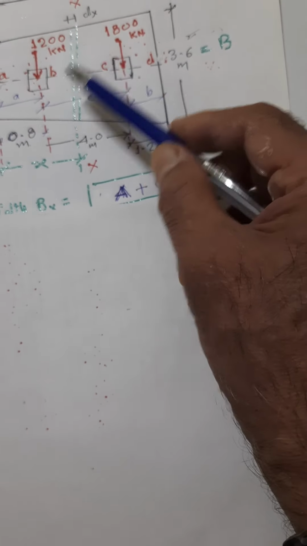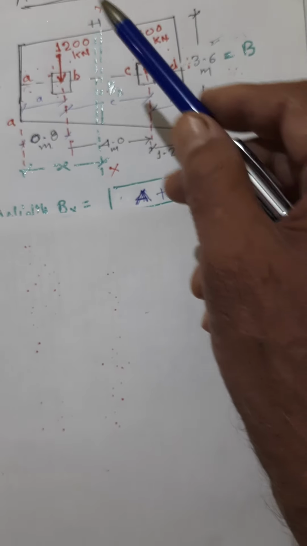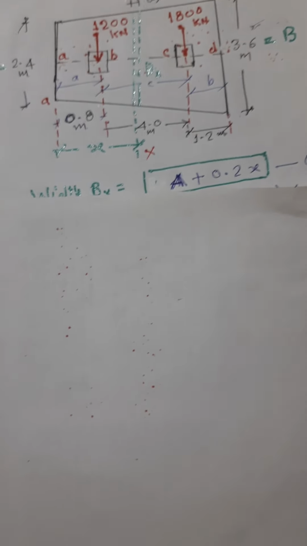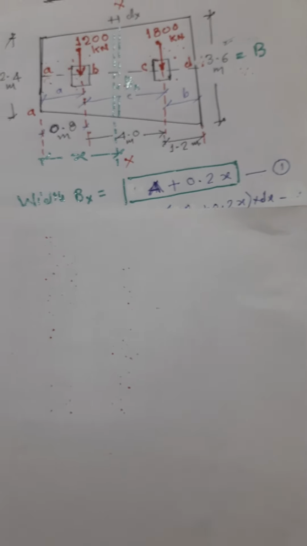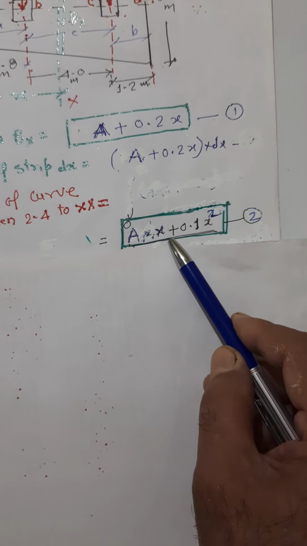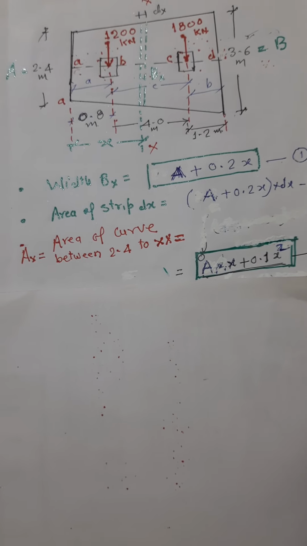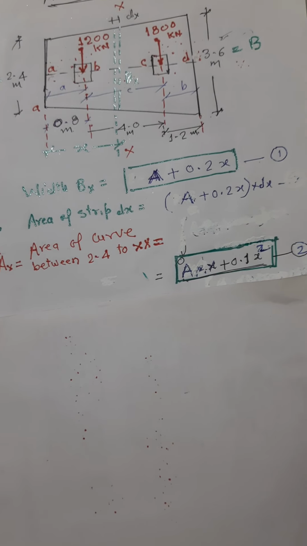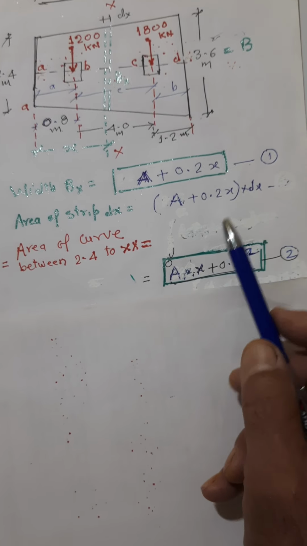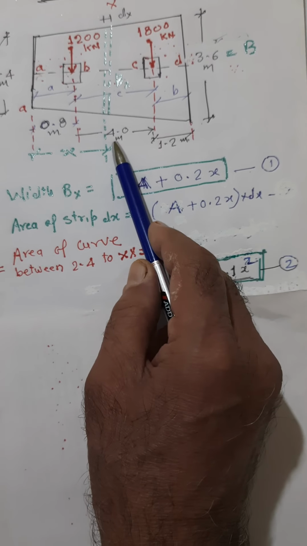Now we have to calculate the area of this trapezium. Again it is a complicated one. So have another, second equation just to find the area, and that is A into x plus 0.1 into x square. Substitute the value of x and you will find the total area up to the point where we are considering the value as x.